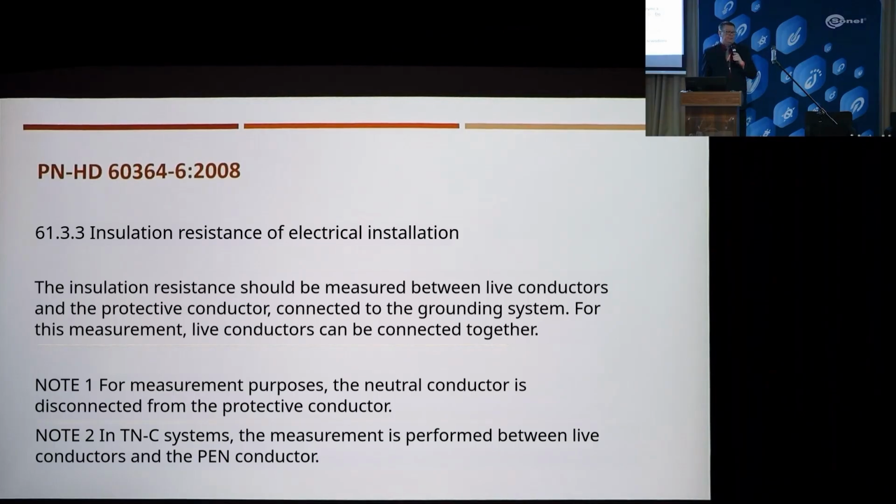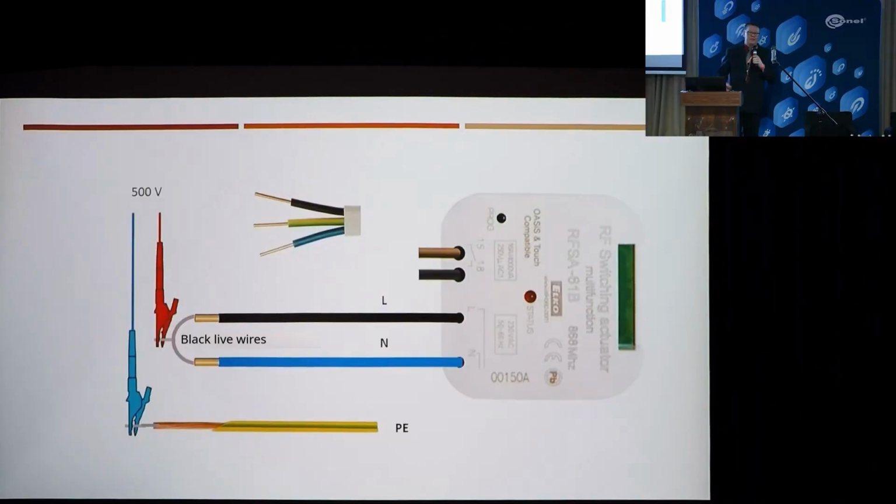A lot of people don't know that. I don't know why. After all, the people who carry out these measurements have to be certified. So some course, some exam, and yet it turns out this knowledge isn't widespread. So if we short the live conductors together, this measurement becomes fairly simple to carry out.